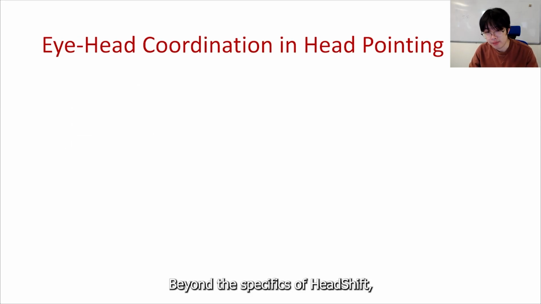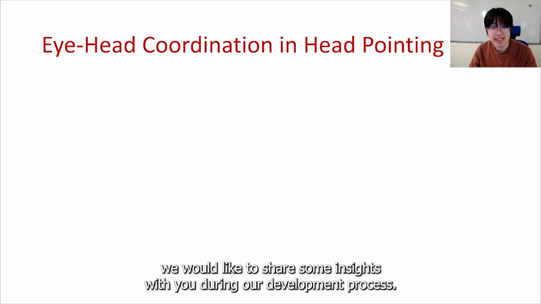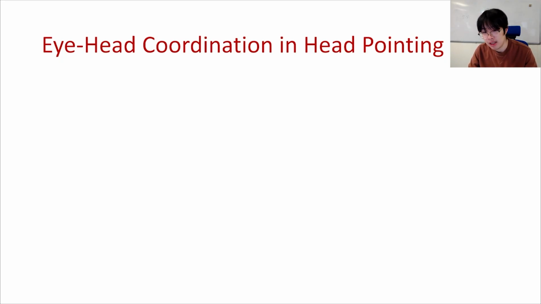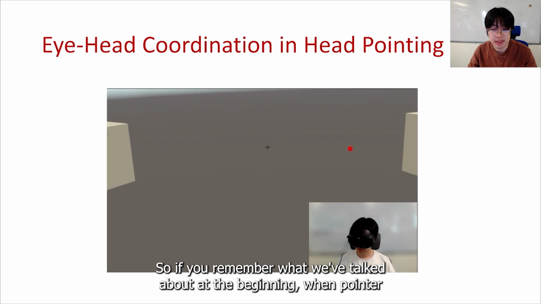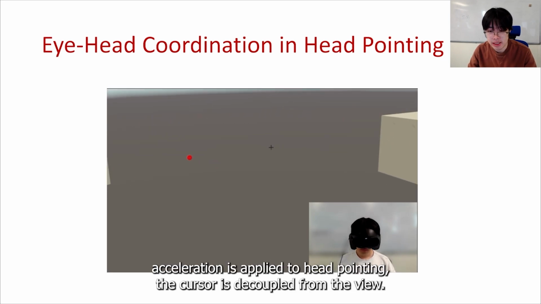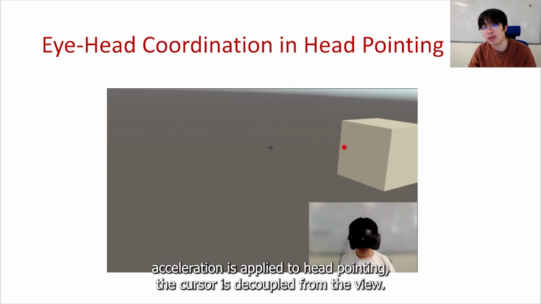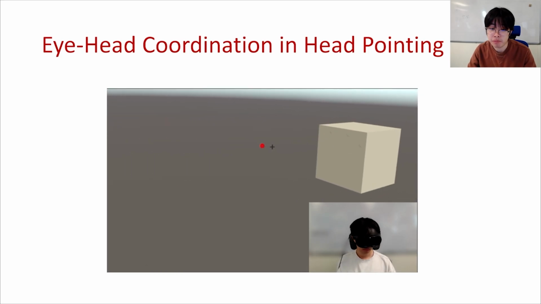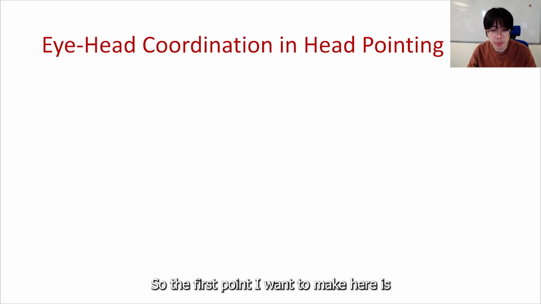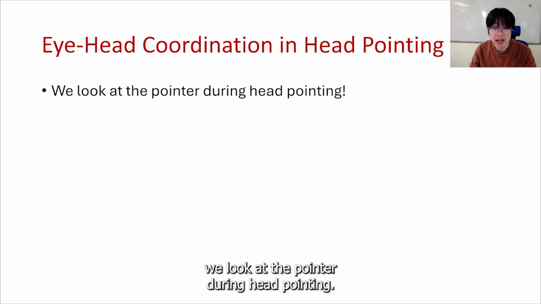Beyond the specifics of HeadShift, we would like to share some insights with you from our development process. If you remember, we talked at the beginning about how, when pointing acceleration is applied to head pointing, the cursor is decoupled from the view. So the first point I want to make here is that we look at the pointer during head pointing.